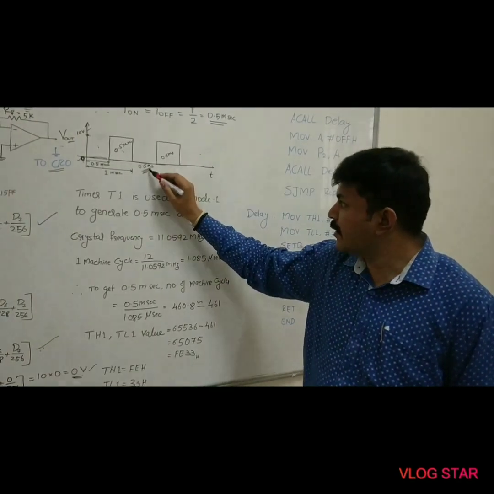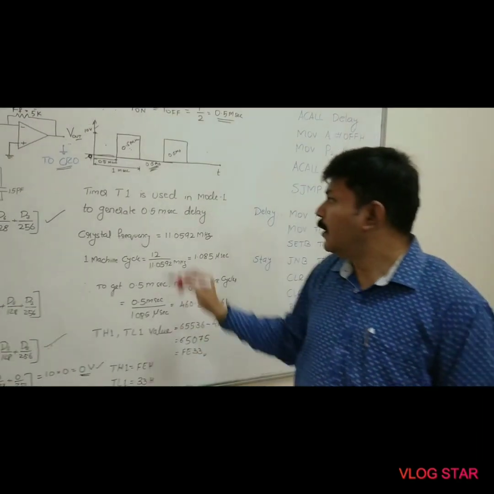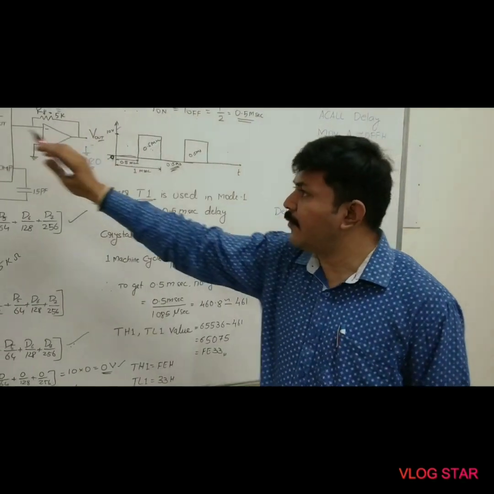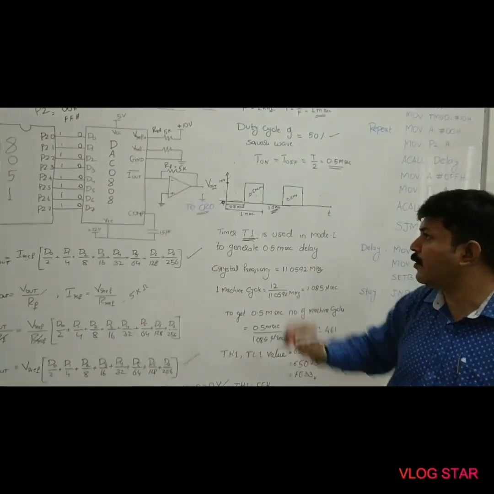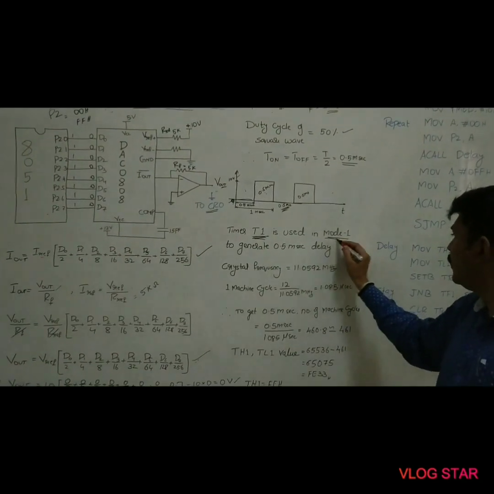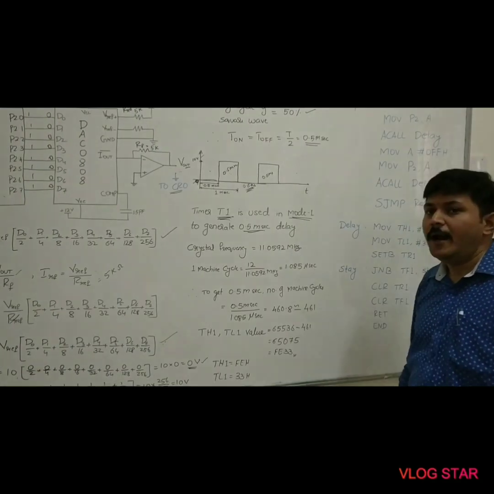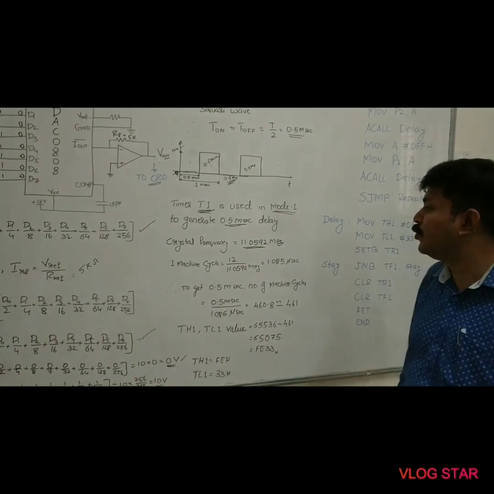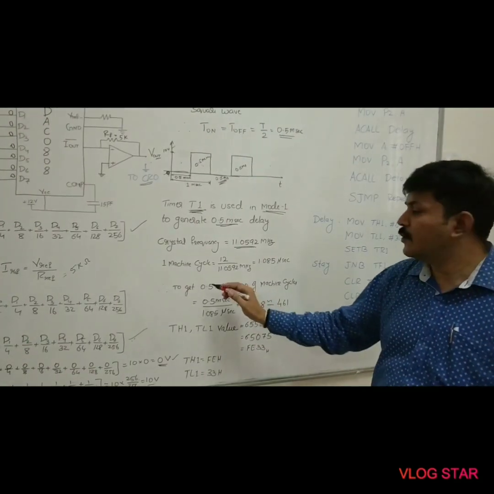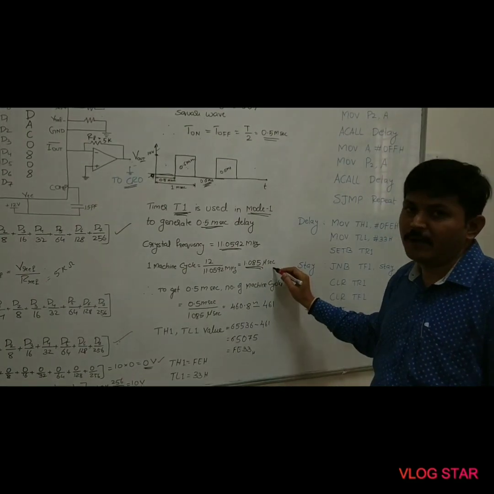So in order to generate a delay of 0.5 milliseconds, I will be using timer T1 of the 8051 microcontroller in mode 1. And I will assume the crystal frequency to be 11.0592 megahertz, which gives one machine cycle value as 1.085 microseconds.